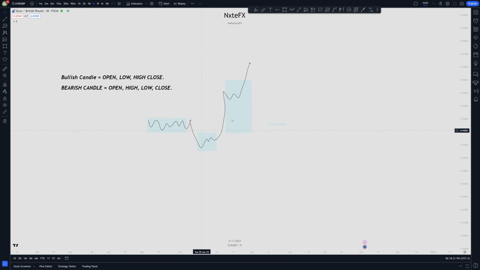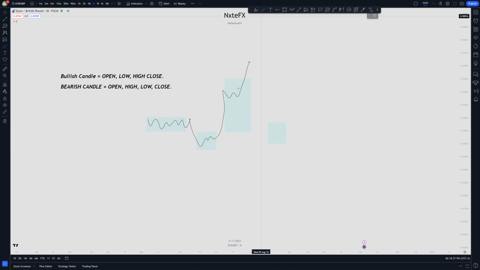Open, then low, it creates a low, and this low is your manipulation. As the price becomes bullish, you might get a bit of a sell-off, which is your high being cemented and the candle closing. Now that is a bullish candle.